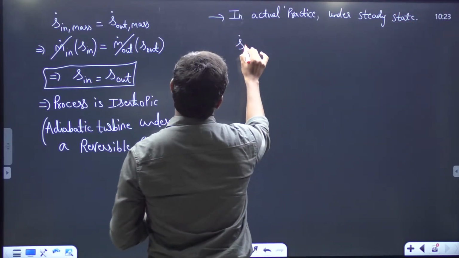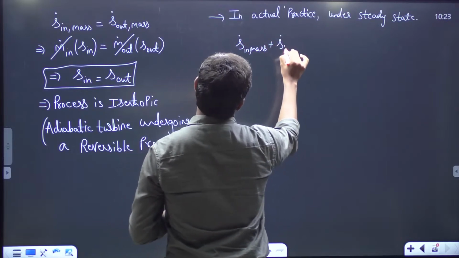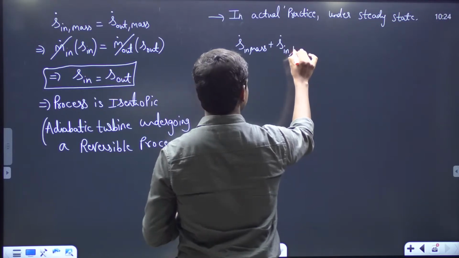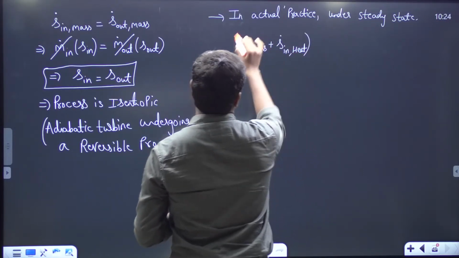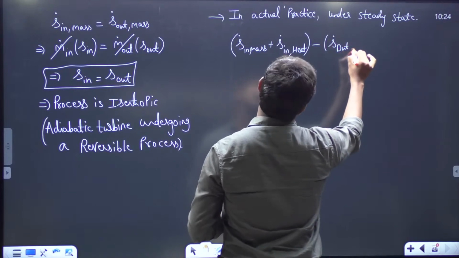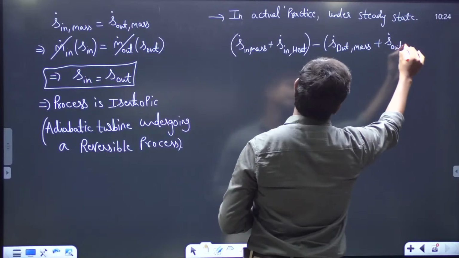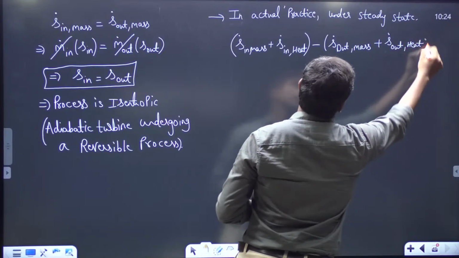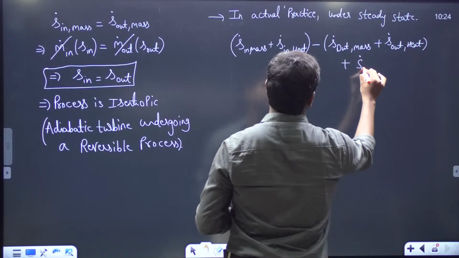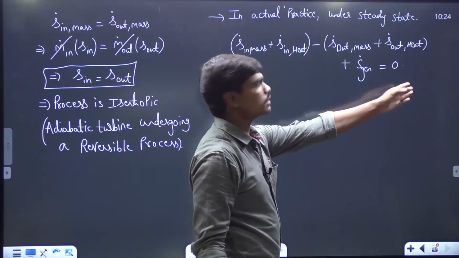S dot in due to mass plus S dot in due to heat, minus S dot out due to mass plus S dot out due to heat, plus S dot generation is equal to 0, because in steady state the change in properties is 0.